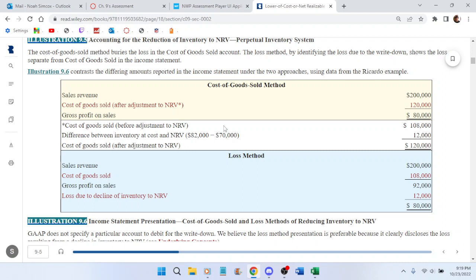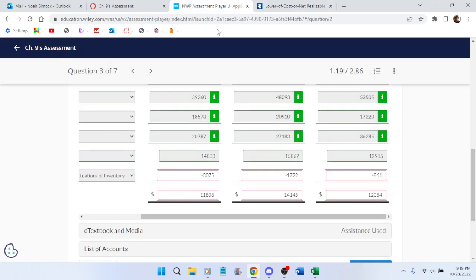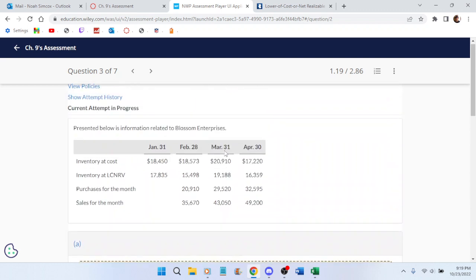Look what they did. They took 82,000 minus 70,000. All you have is, how is this honestly not the way you do it?